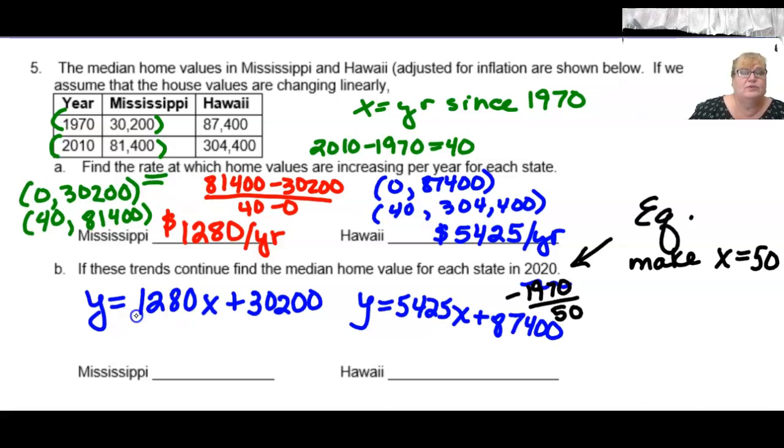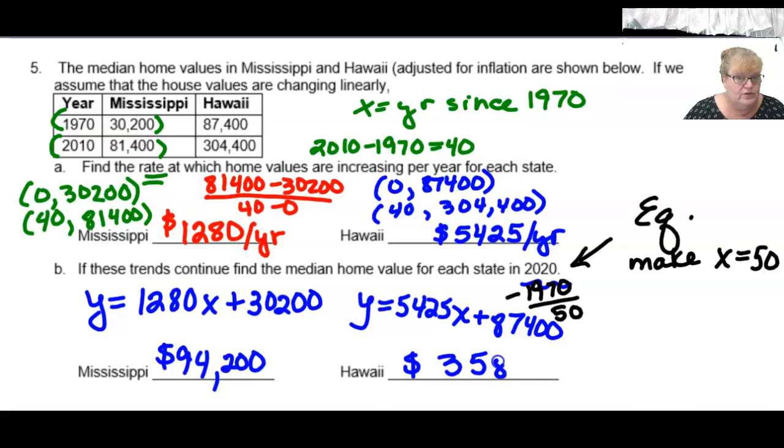So if we want to put in 50 to figure out the value at the end of each of these, or for each of these homes in 2020, typing quickly, making sure I don't mess anything up, I get the Mississippi home is up to 94,200, but the Hawaii home from 87,400 is all the way up to $358,650.